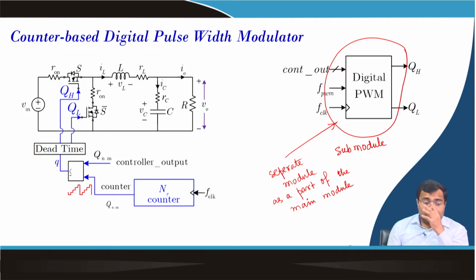The main module and all these things we will discuss in the subsequent lecture, next week, but today we want to check how the DPWM works, and we have the timing diagram.